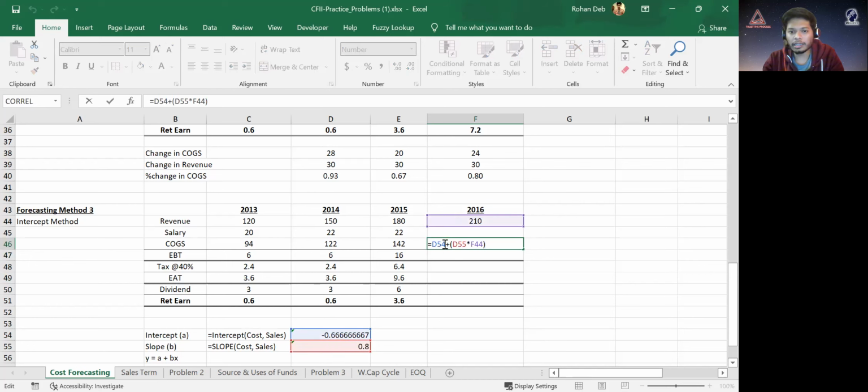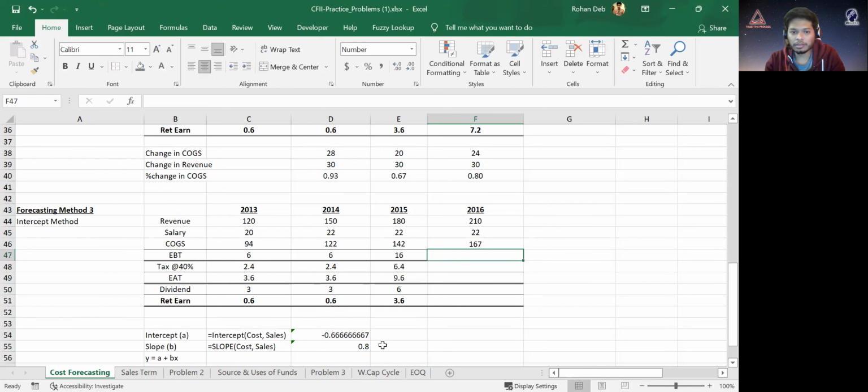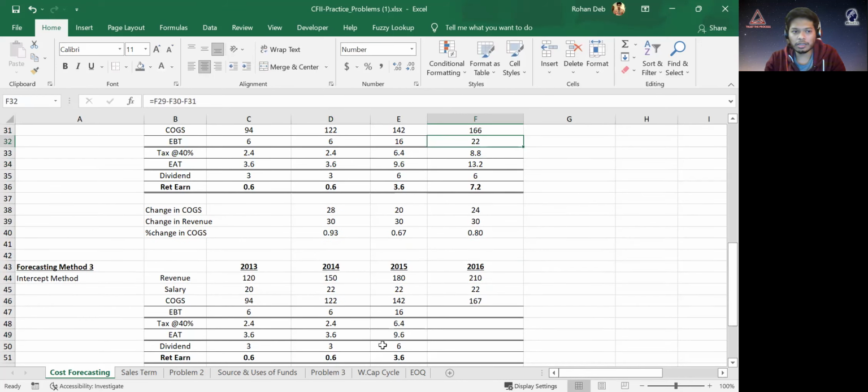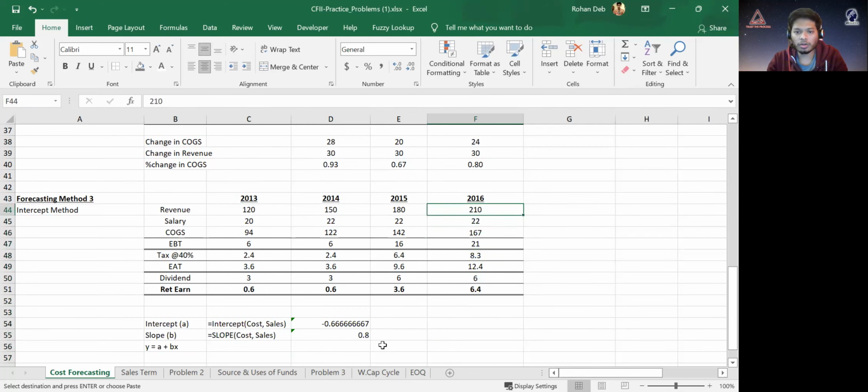So a is the intercept plus bx, so this is the sales into this slope, and this would again stay the same. So I can copy the remaining thing from here. You can see that here it copies the same thing. So again, EBT is this minus this minus this.